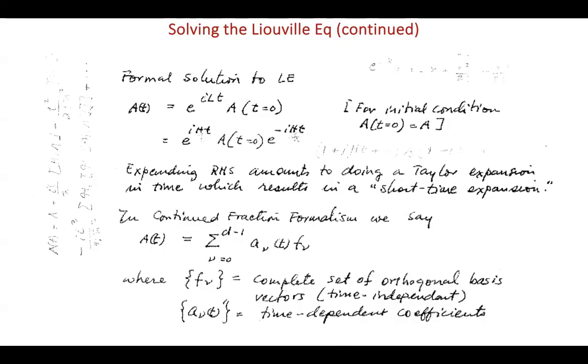The reason why I brought up that point is because in some sense, you are doing a short time expansion, but many times over. Every time you do a delta t, you are doing a short time expansion. But the short time expansion is not a short time expansion there.